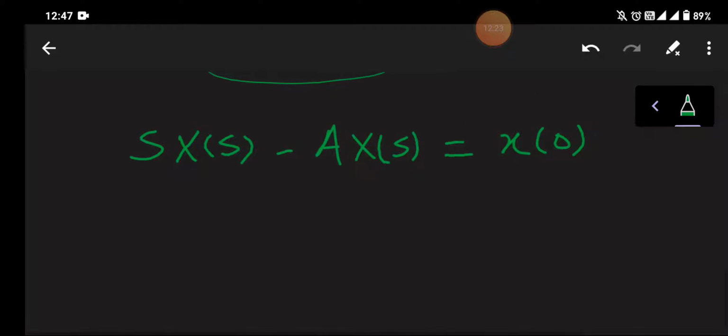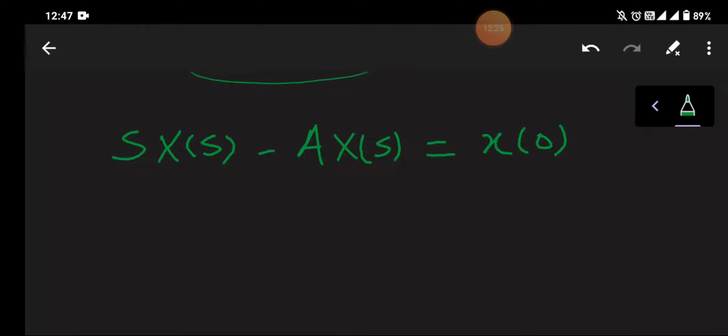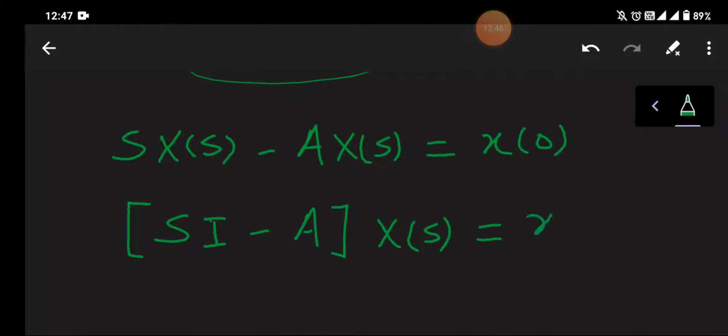Taking X s common, as this is a matrix A, here we have s multiplied by an identity matrix, with the dimension of A, n by n, multiplied by X s. This is equal to x of 0.